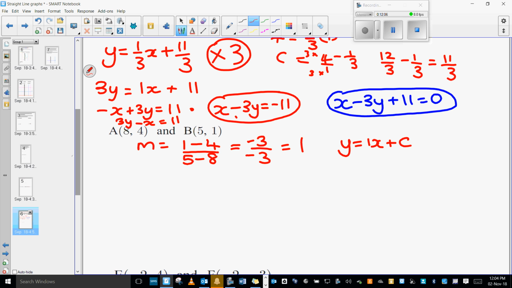Alright, so we're going to say 4 is equal to 1 multiplied by 8 plus c. So c is -4. So our equation is y equals x subtract 4. We don't need to deal with any fractions here, thankfully.